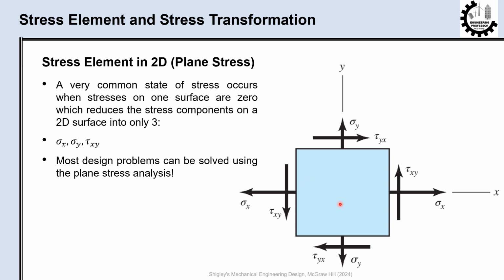That's the surface facing the screen, and consequently, due to equilibrium, the stresses on the opposite surface are 0 as well. But the stresses on the other 4 sides of the cube aren't 0 and are shown in the figure.